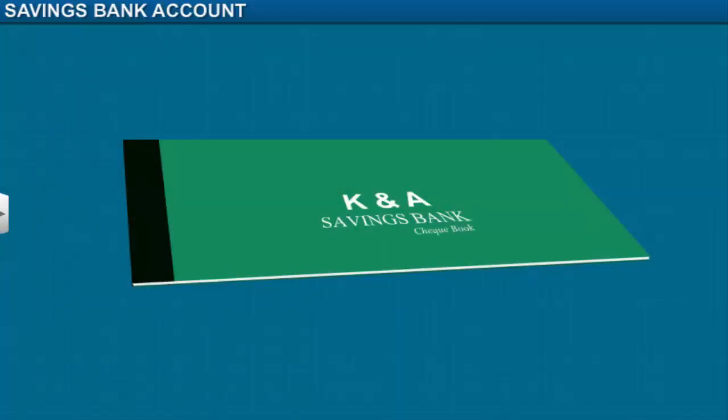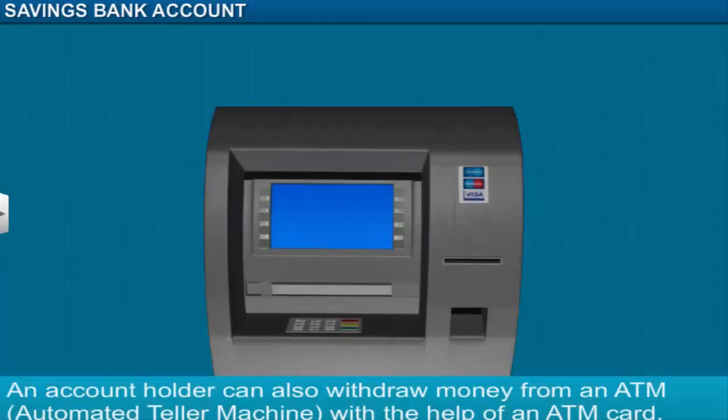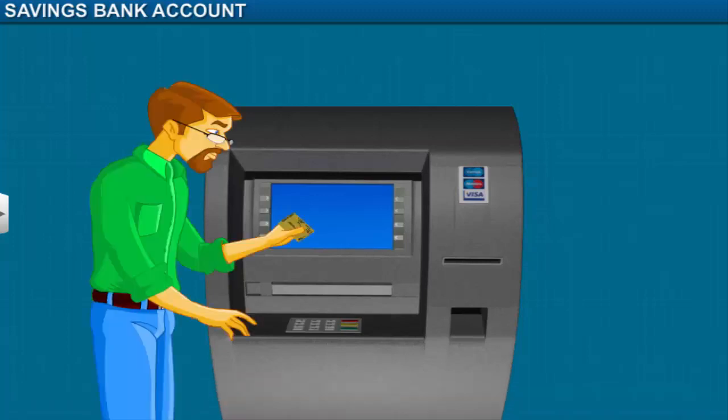An account holder is given a checkbook with the help of which he can withdraw money from his account. Nowadays, of course, an account holder can withdraw money also from an ATM, automated teller machine, with the help of an ATM card. An ATM machine is a machine that has cash inside.